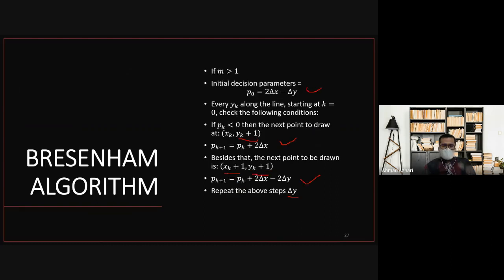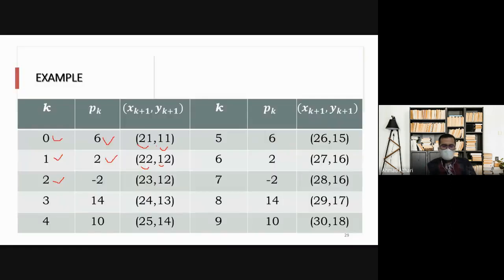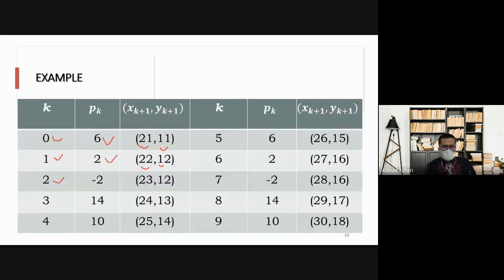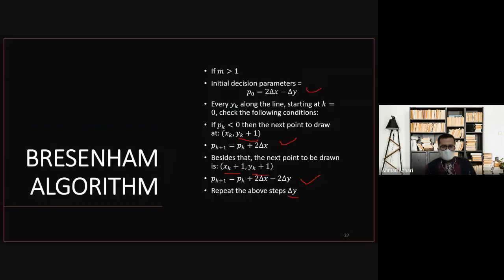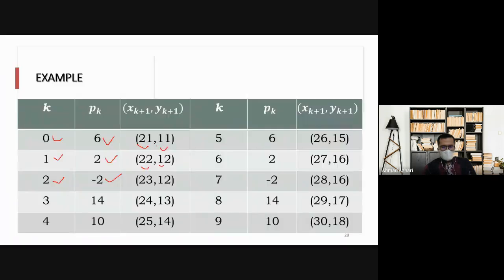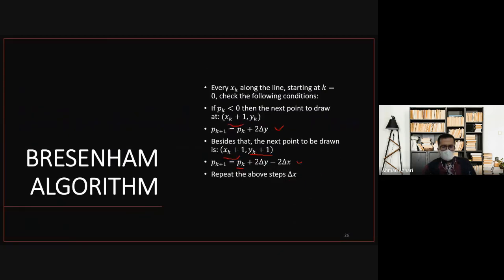The 2 and the minus 4, we got minus 2. See this one: 2 minus 4, we got minus 2. So the rule now changes to the other side. The current p is now minus 2, less than 0.